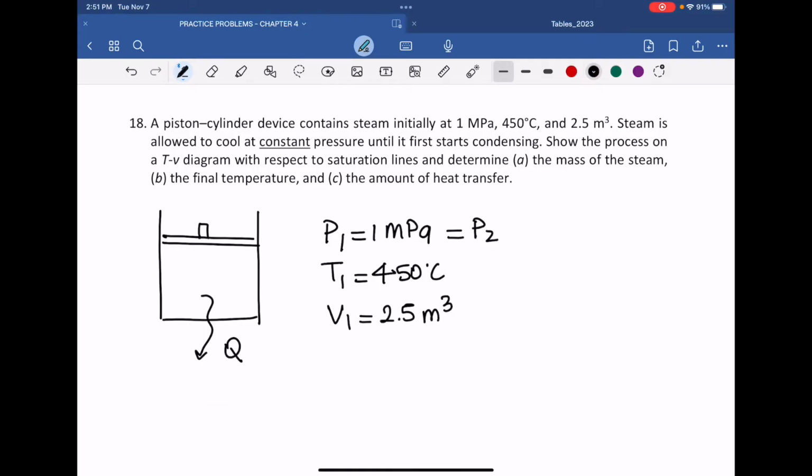The point it starts condensing from steam, the first it starts is when it becomes a saturated vapor, right? Because remember the diagram.